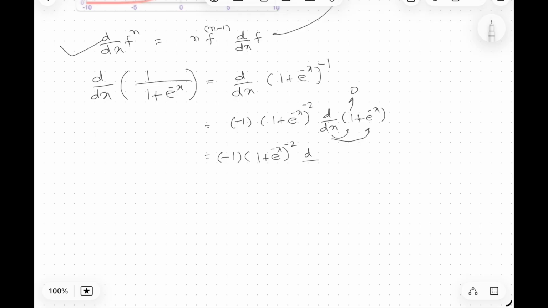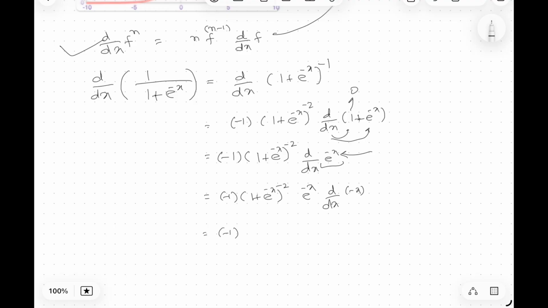and d over dx of e to the power minus x, this will be minus (1 plus e to the power minus x) to the power minus 2, and d over dx of e to the power minus x is the same thing, and then the derivative of this power, which is equal to d over dx of minus x.